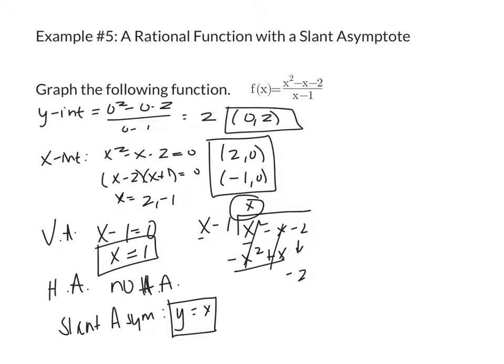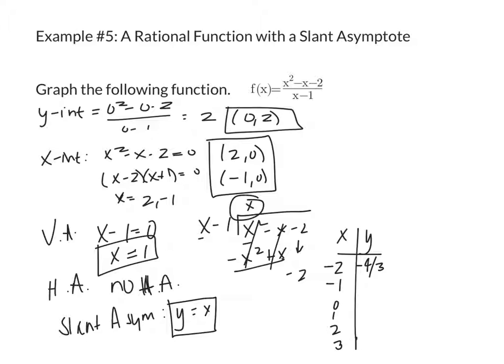All right, now we should create a table to find values that surround what we've found. The farthest left value is negative 1. The farthest right value we have is 2. So we're going to go from negative 2 to 3. If I sub in negative 2, I get negative 4/3.